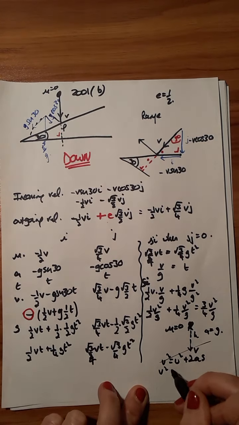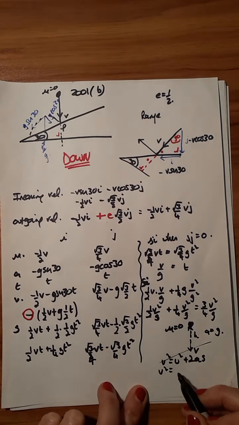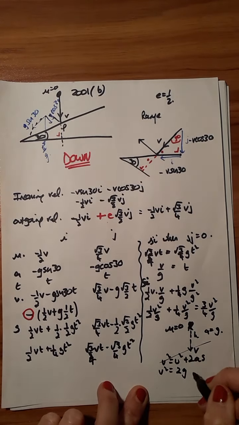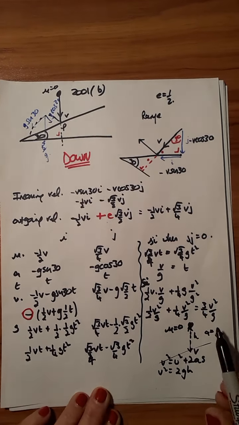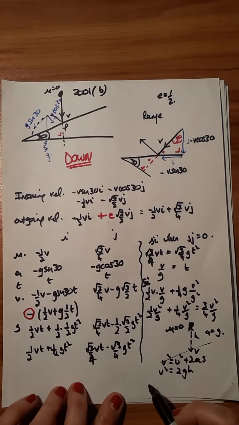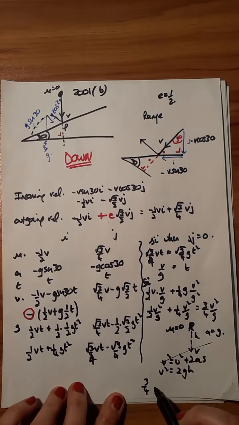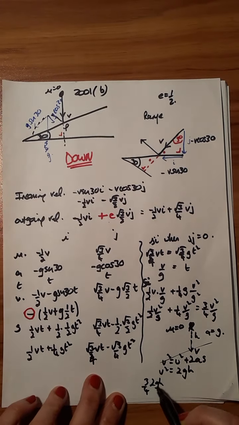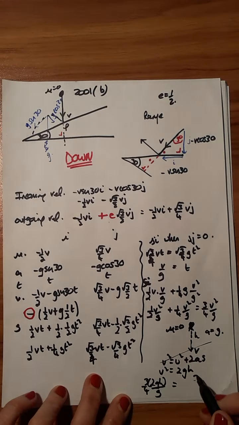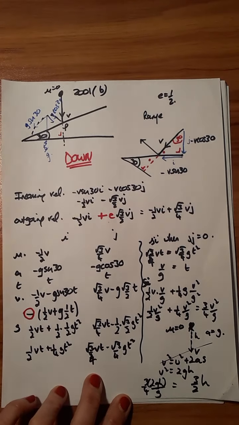So v squared is equal to, u squared of course is 0, 2, acceleration due to gravity g, and s is h. And then when I put that v squared in here, it will become 3 over 4, v squared is 2gh, over g's will cancel, 2 will go in there, and that will give me 3 over 2 h.